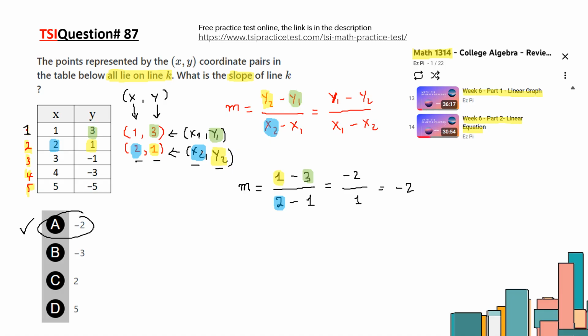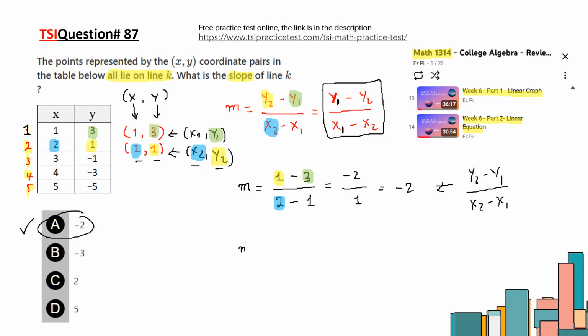And why I say it doesn't matter if we do y2 first or y1 first. Let's try the second way right here, as long as you keep the sub numbers in order, okay? This one I used y2 minus y1 over x2 minus x1.